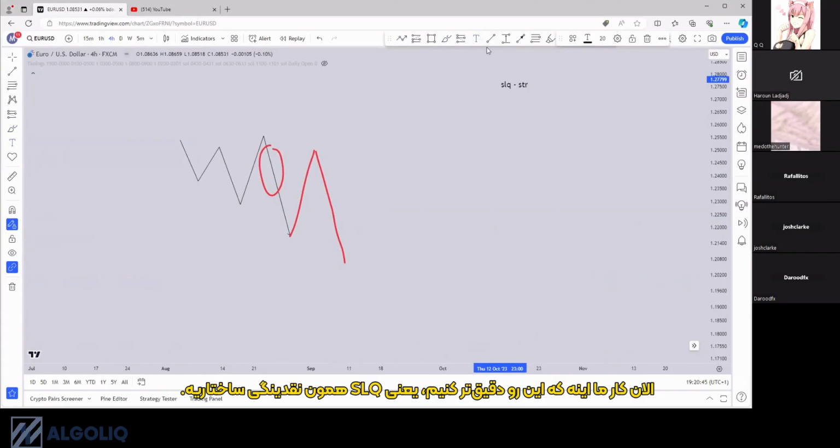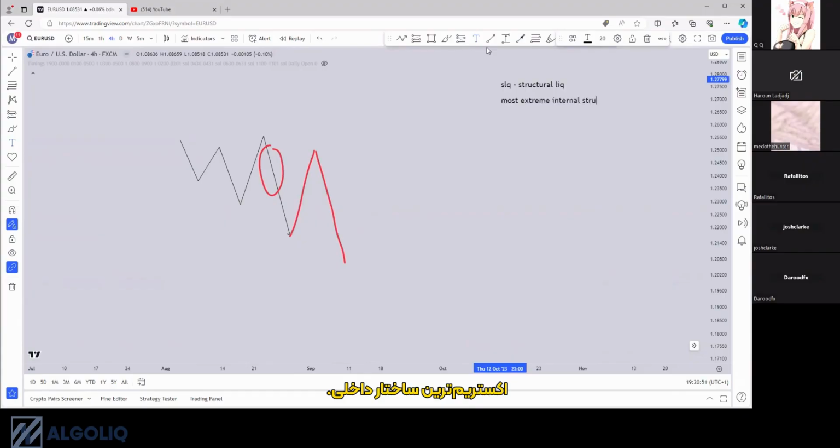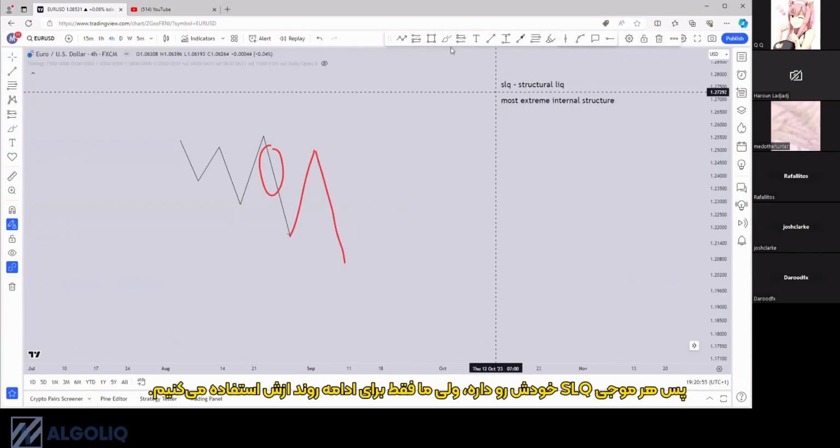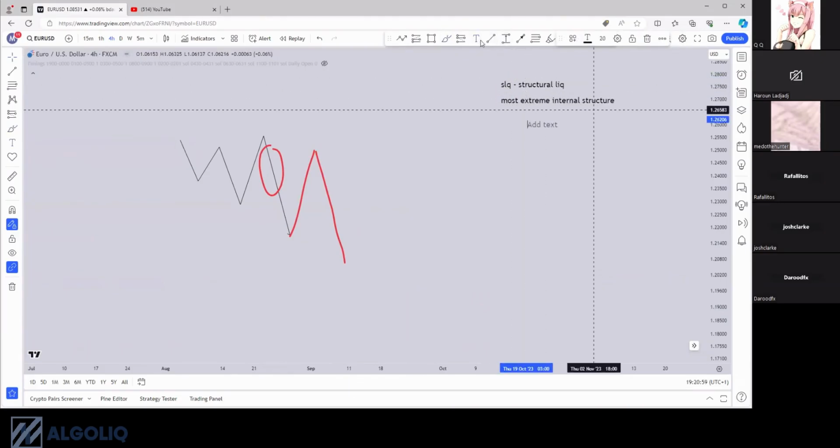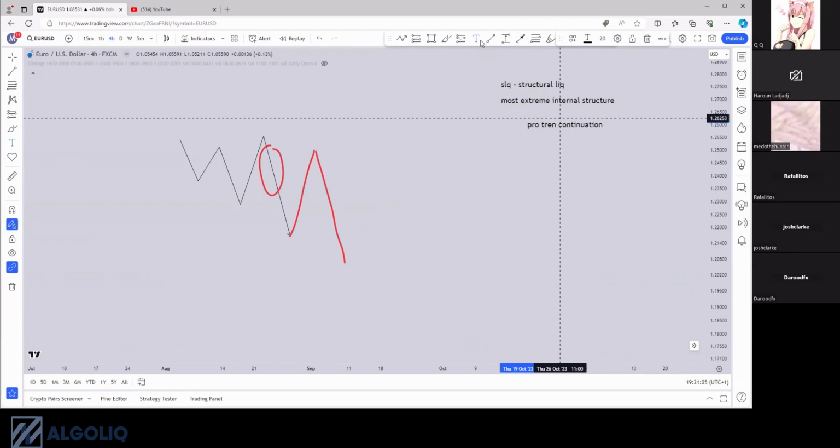is structural liquidity, the most extreme internal structure. Every leg will have its own SLQ, but we'll only use it for continuation and high time frame pullback.